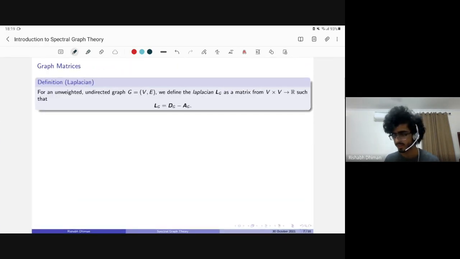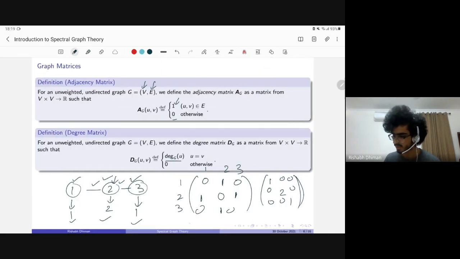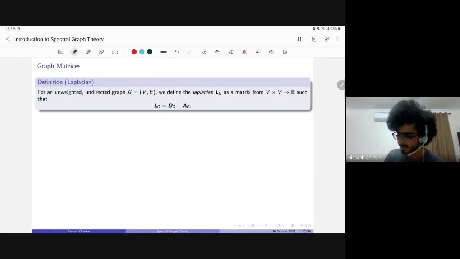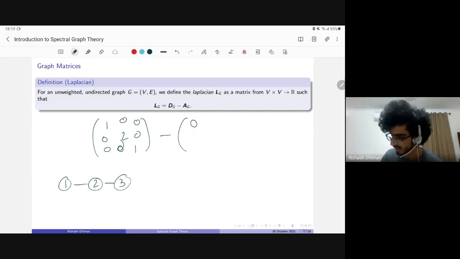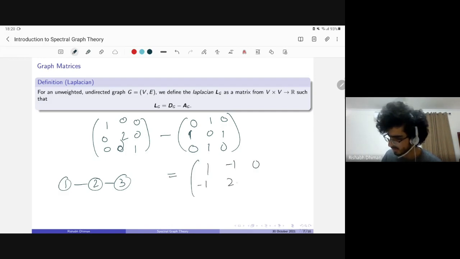And for now, we'll define another matrix, the Laplacian, in terms of these two matrices. What you simply do is find the degree matrix, which was 1, 2, 1 for the previous case, minus the adjacency matrix, which is nothing but 1, minus 1, 0, minus 1, 2, minus 1, 0, minus 1, 1.